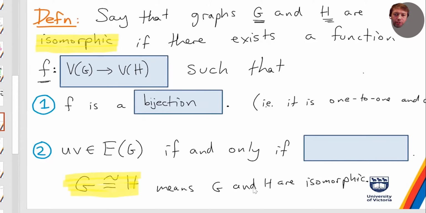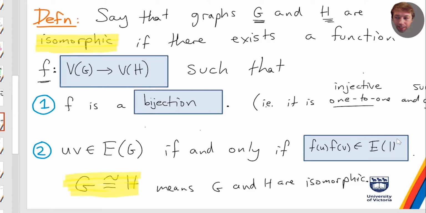Do we remember what bijection means? Probably saw this in 122. A function is a bijection if it's one-to-one and onto, in other words, injective and surjective. And it has the property that UV is an edge of G if and only if F of U, F of V is an edge of H.